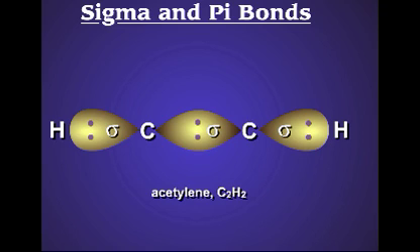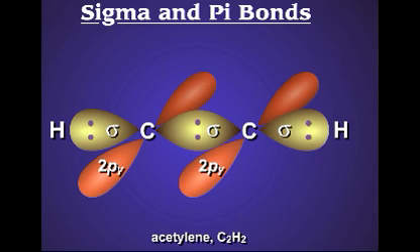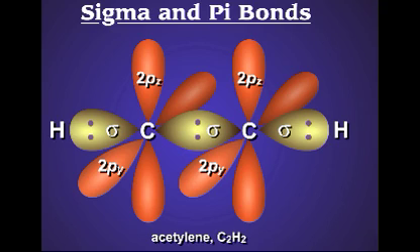Okay, so that leaves for each carbon 2 more half-filled orbitals that are non-hybridized. So just like in the previous case, what happens is those orbitals which are oriented at 90 degrees to each other overlap.